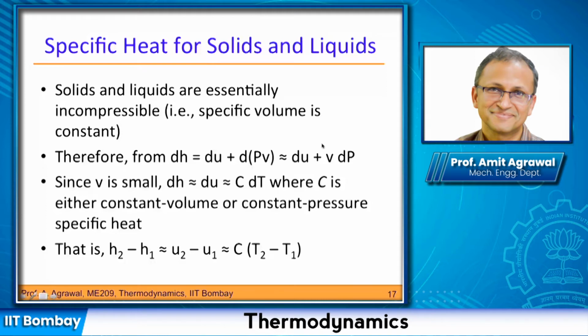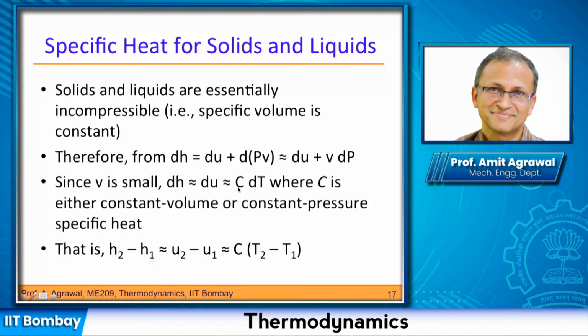But here we are assuming that with respect to the other terms, this VdP term is small, because our V typically is small, and therefore we can get rid of this last term as well and argue that dH is approximately equal to dU, which is essentially C dT now. So we had said that dU becomes Cv dT and dH becomes Cp dT.